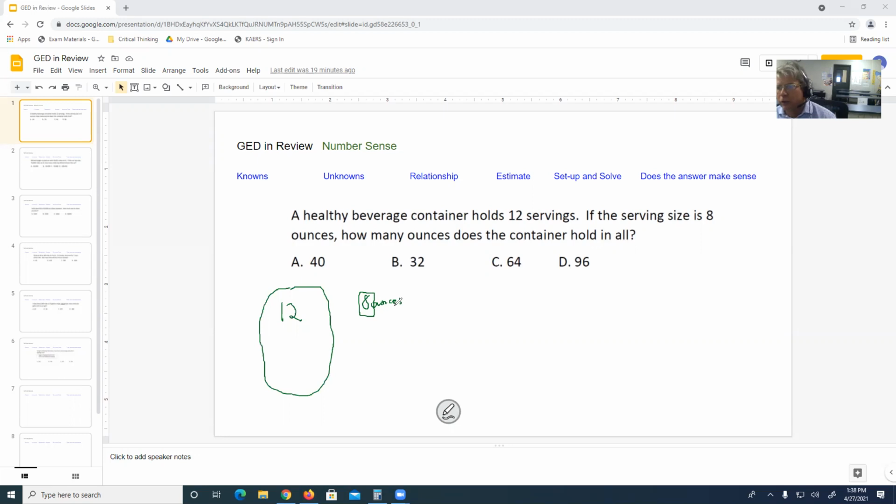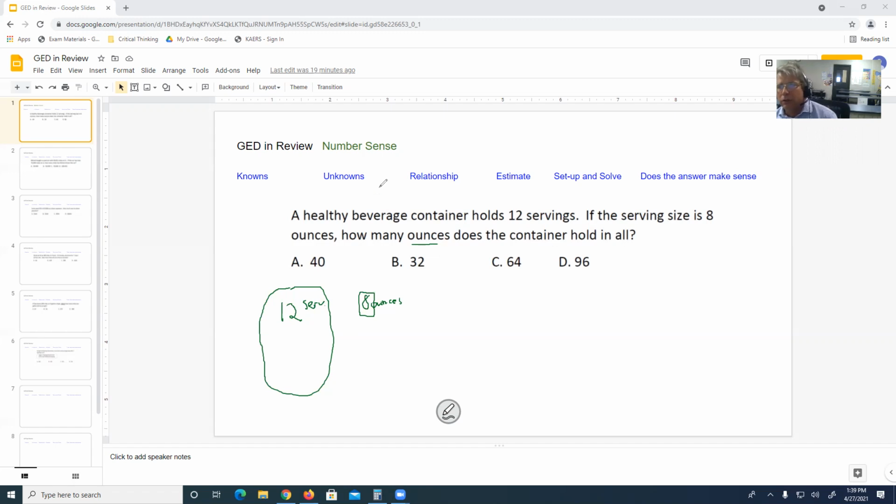It's 12 servings, and that is 8 ounces per serving. And then the question says, how many ounces does the container hold in all? So I have to remember over here, this is actually servings. I'm just going to abbreviate that, 12 servings, and I have these 8 ounces per serving. And I'm looking for how many ounces the container holds in all.